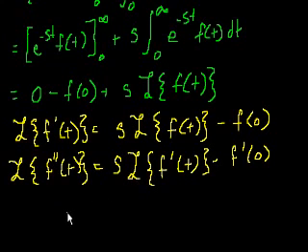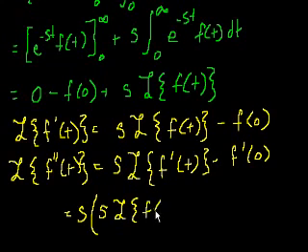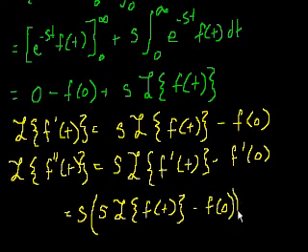This is going to be equal to s times the Laplace transform of f prime of t. But what's that? That's s times the Laplace transform of f of t minus f of 0, right? I just substituted this with this, minus f prime of 0.